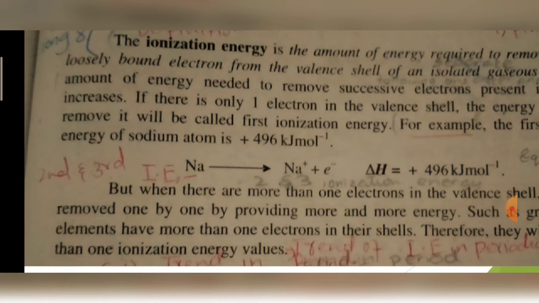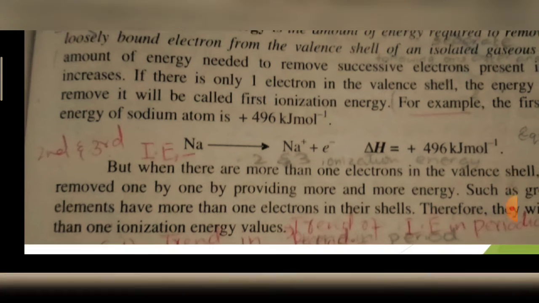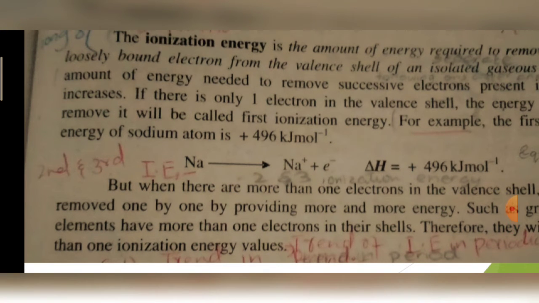When we remove an electron from magnesium, because it belongs to the second group, it has first ionization energy and second ionization energy, but the second ionization energy is more than the first. The reason is that when we remove 1 electron, the number of protons becomes greater than the number of electrons. That's why the hold of the nucleus over the outer electrons increases, and there will be difficulty in removing the second electron from the outer shell.